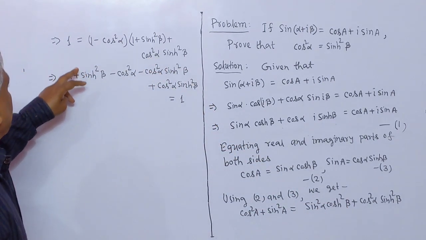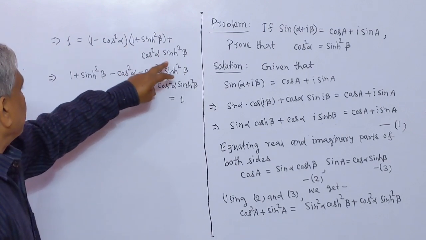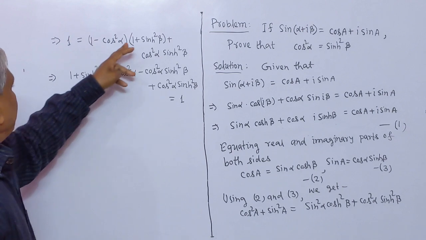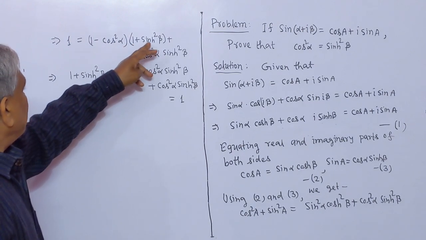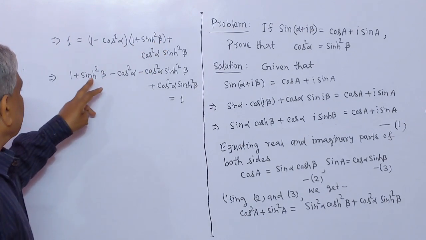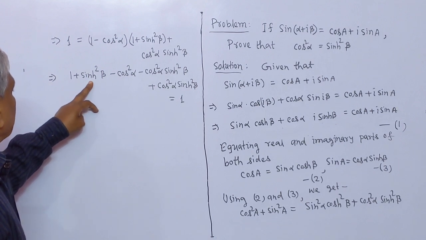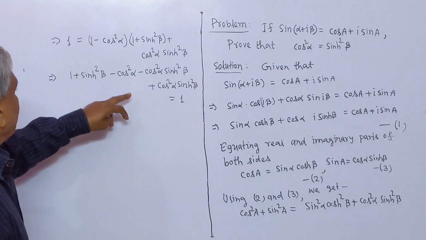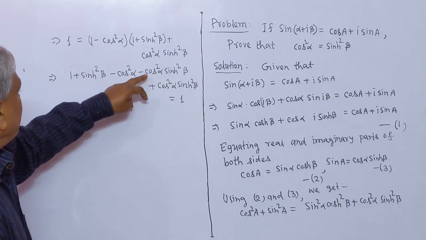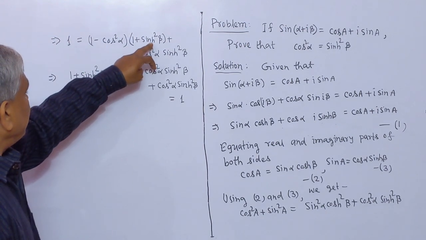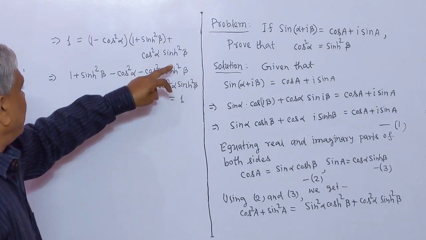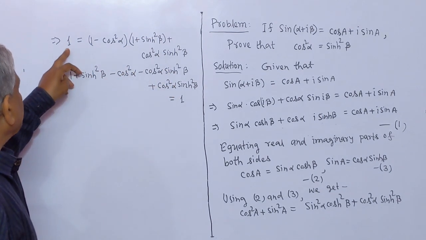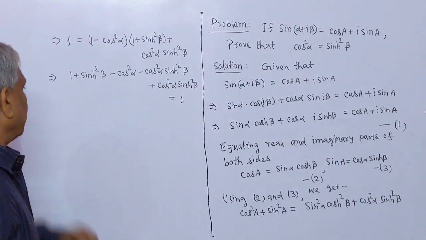Now here we write right side to left side. Here we multiply 1 plus sinh square beta, the same, and now we multiply this bracket by minus cos square alpha. We get minus cos square alpha minus cos square alpha sinh square beta, and last term is same, and we write left side 1 to right side 1.